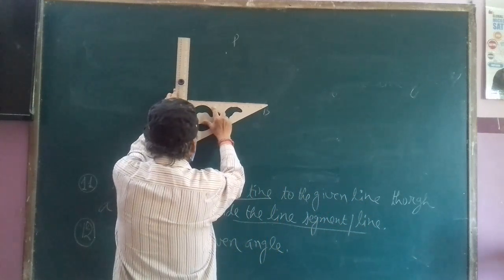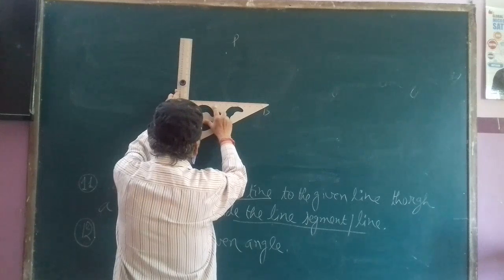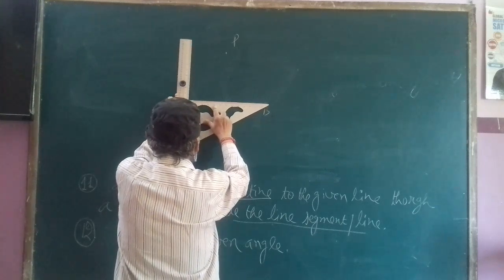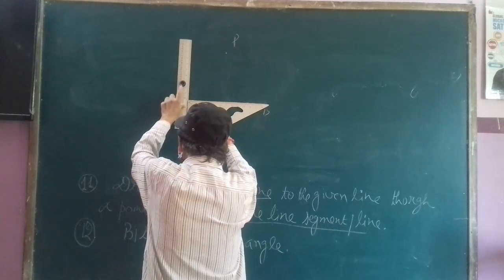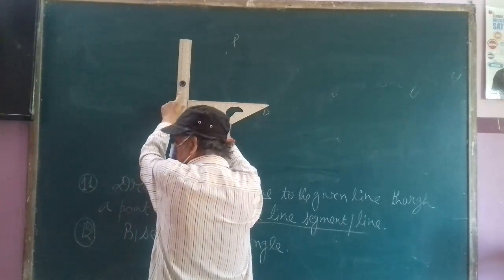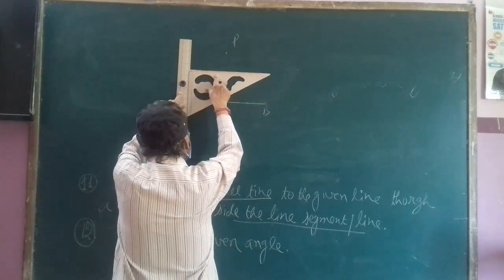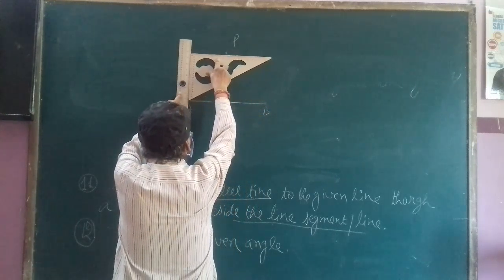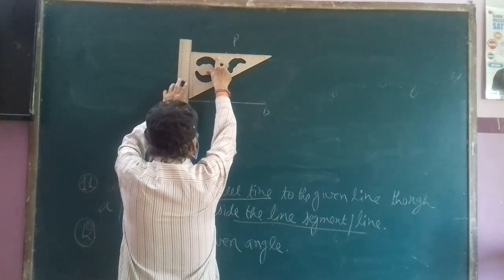Okay, place it here. Look here how I have done it. Now hold it firmly with my left hand, and slide it upwards till your scale, till your set square reaches P.